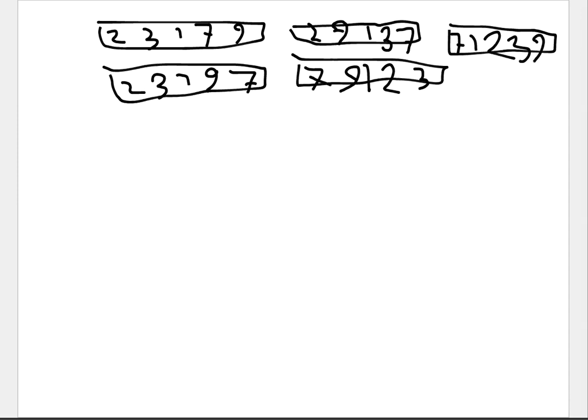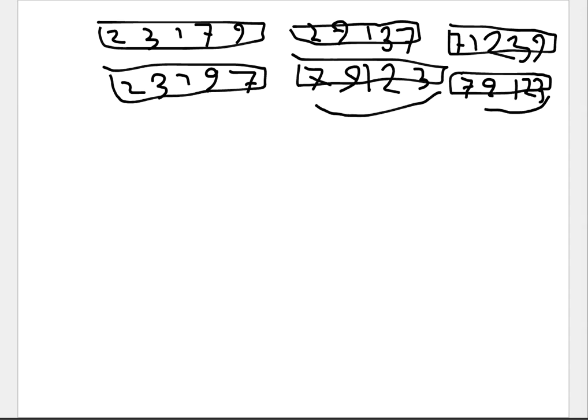For example, we have 6 elements here. 7, 9, 1, 2, 3. Sometimes some elements may be equal.